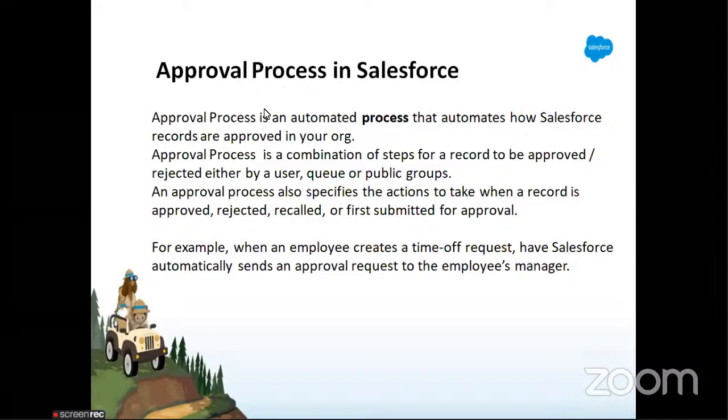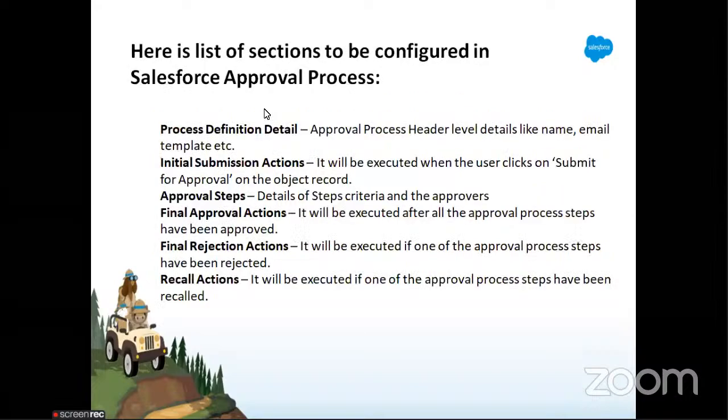So here is a list of sections to configure when you want to use approval process. First of all, when we are defining an approval process, you have to utilize some information.